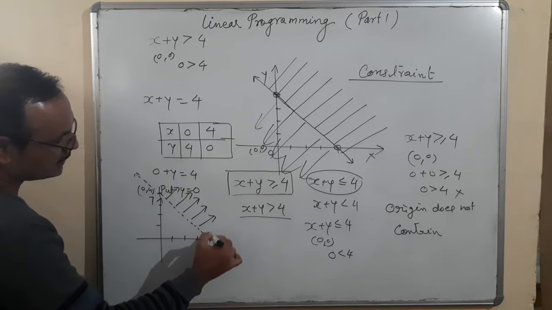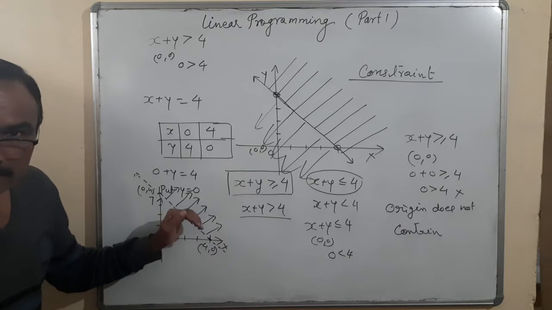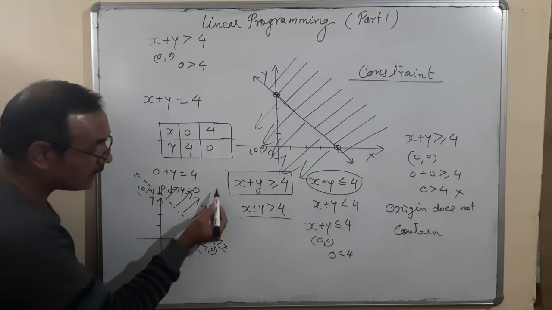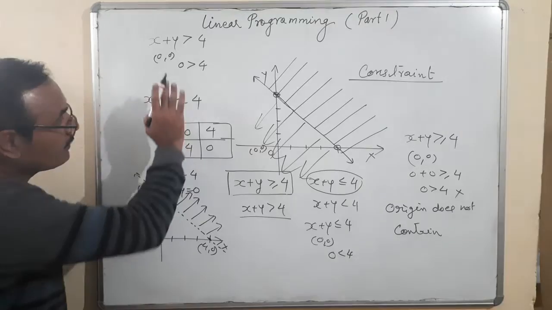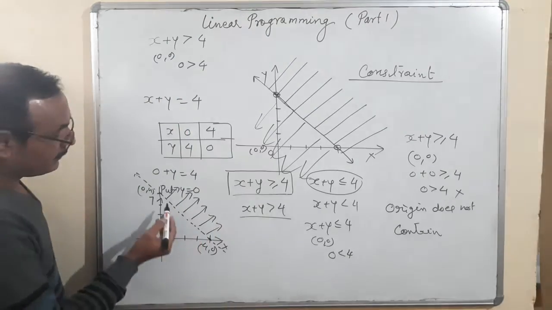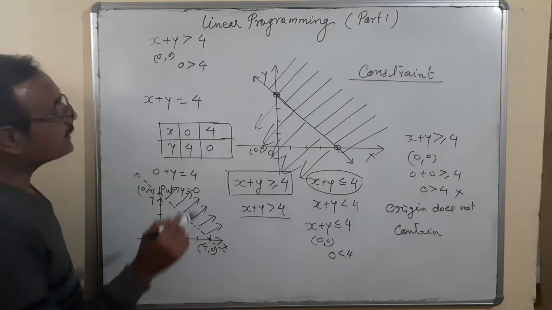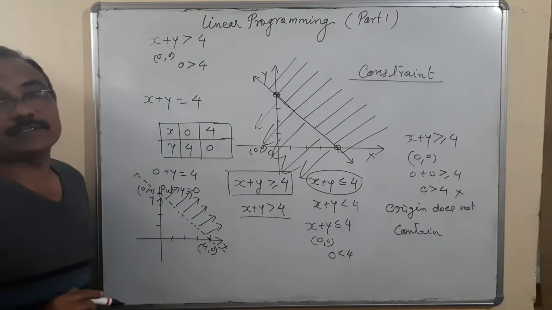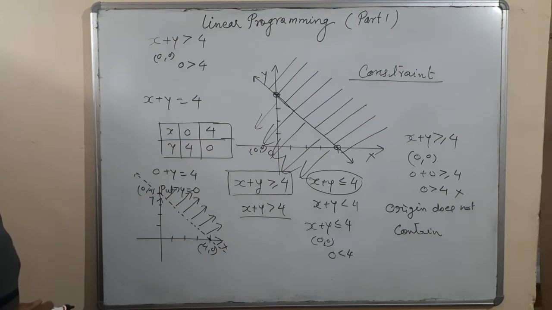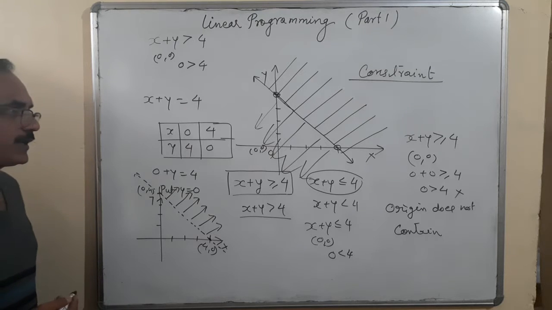This is the feasible region, and the points coming on the line will also not satisfy that constraint. So this dotted line shows that it is strictly greater than or strictly less than. We'll use this. Is it okay?